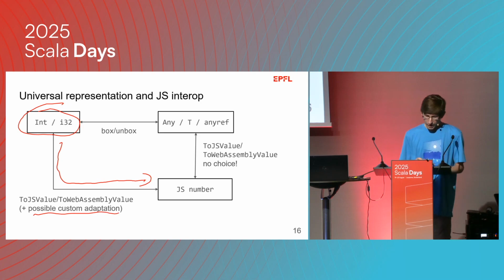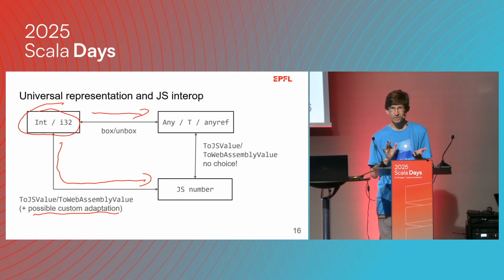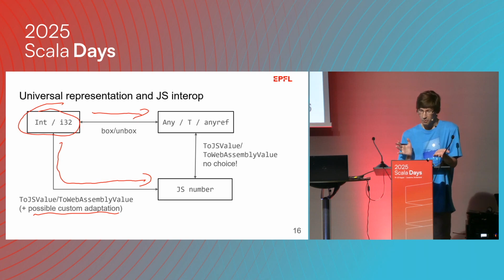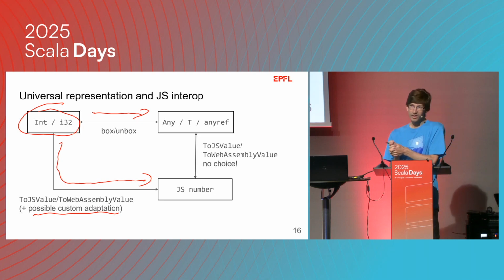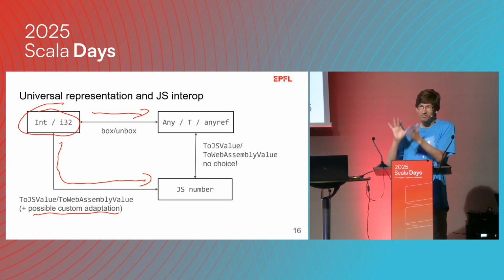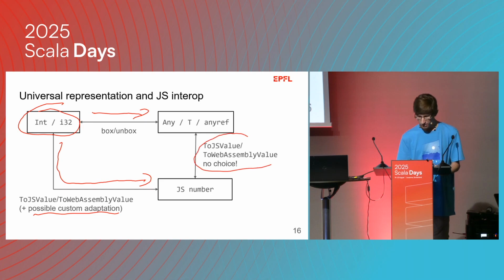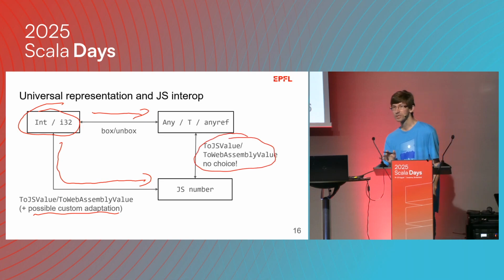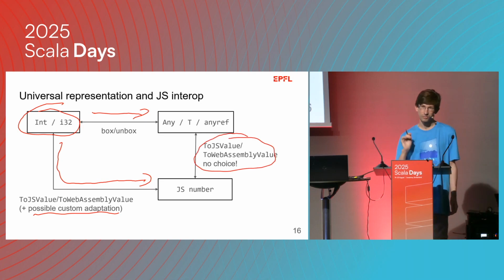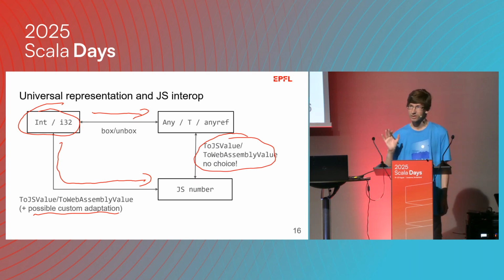And if you box, then you have some boxing and unboxing operation that you have control on as well. But once you are in the anyref world, and it flows into JS or back, then we have no choice whatsoever. We will get what the WASM to JS interop tells us that we will get.